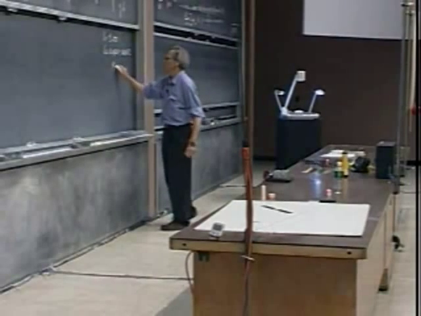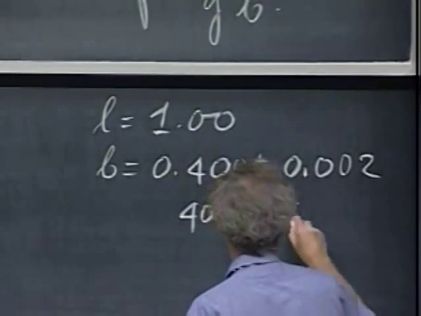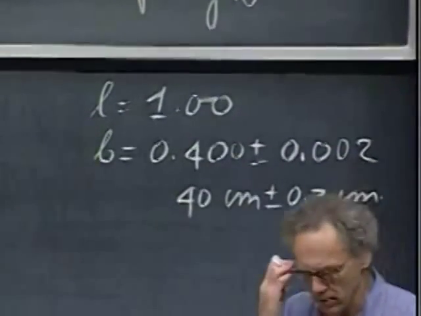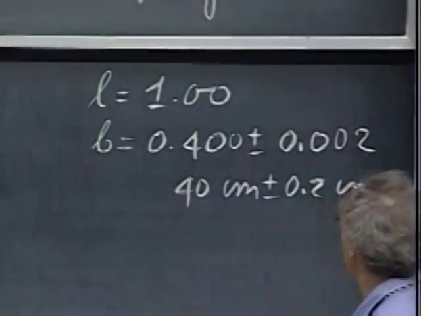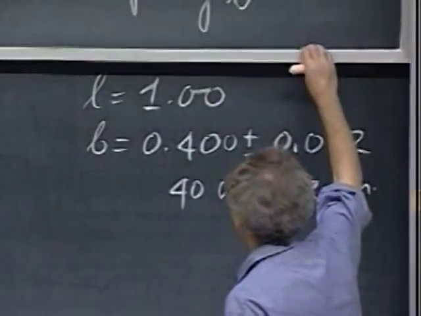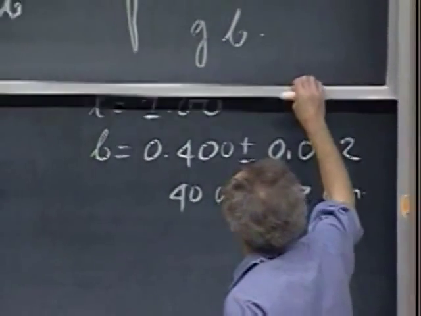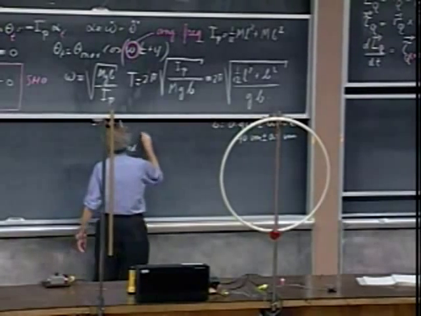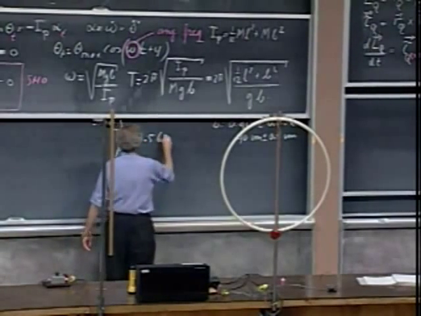So it's 40 centimeters plus or minus 0.2 centimeters. So that is an uncertainty of about 0.5%. I have L squared and b squared upstairs, and b downstairs, and that makes the error analysis a bit complicated. If I stick in the numbers, then I find a period which will be very close to 1.565 seconds.